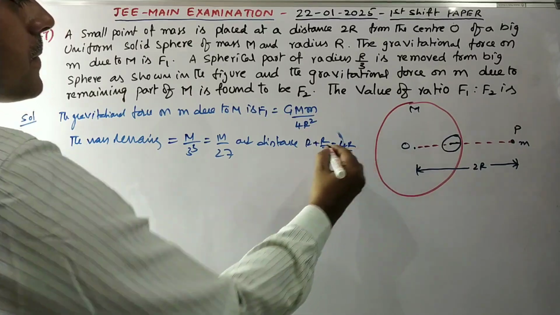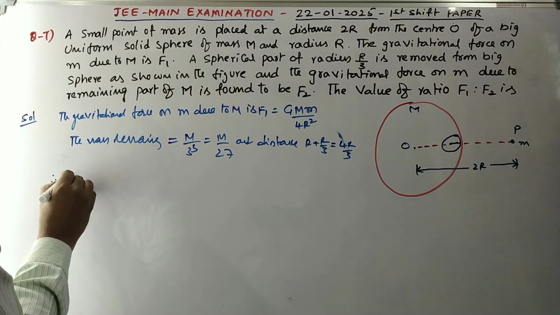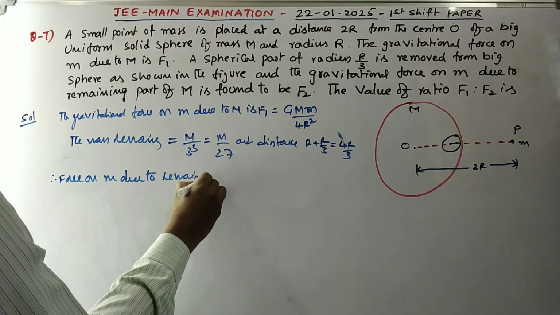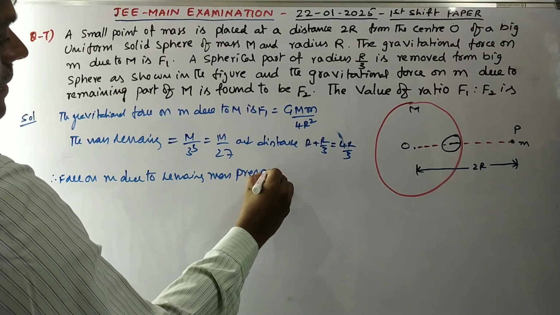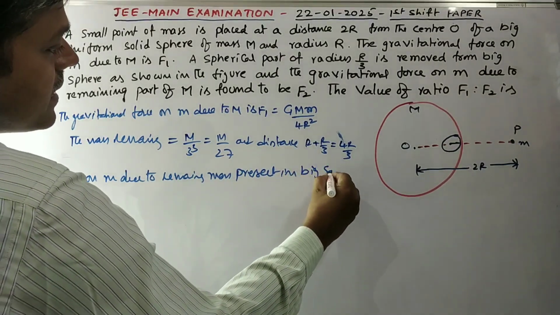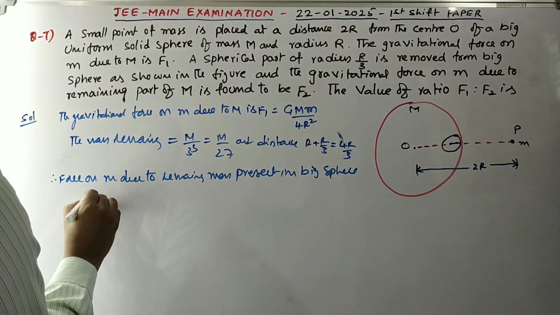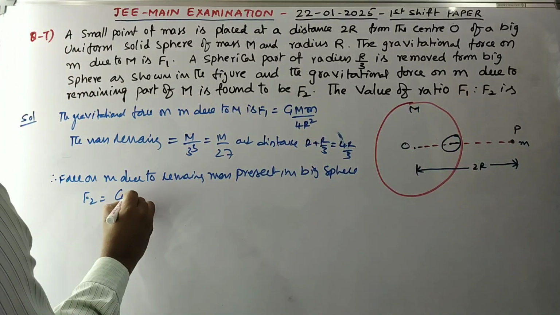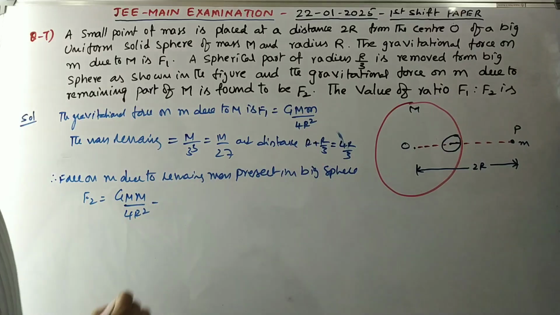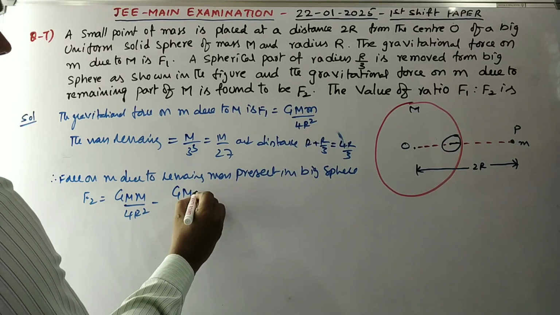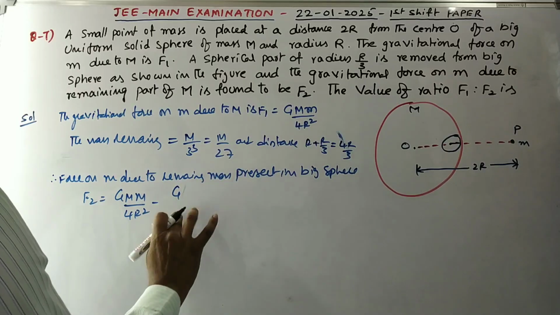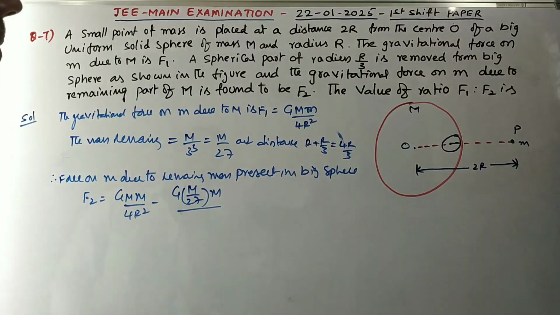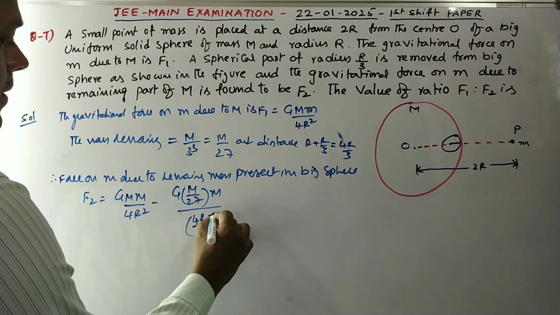That means 4r by 3. Now the force on m due to the remaining mass present in the big sphere, say F2, is the total minus the detached part. So GMm by 4r square minus G times M by 27 times m, divided by 4r by 3 whole square.